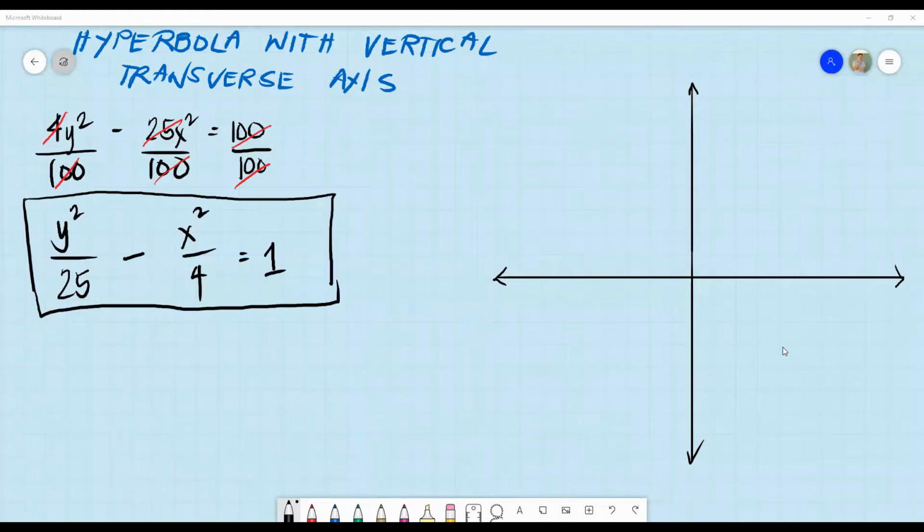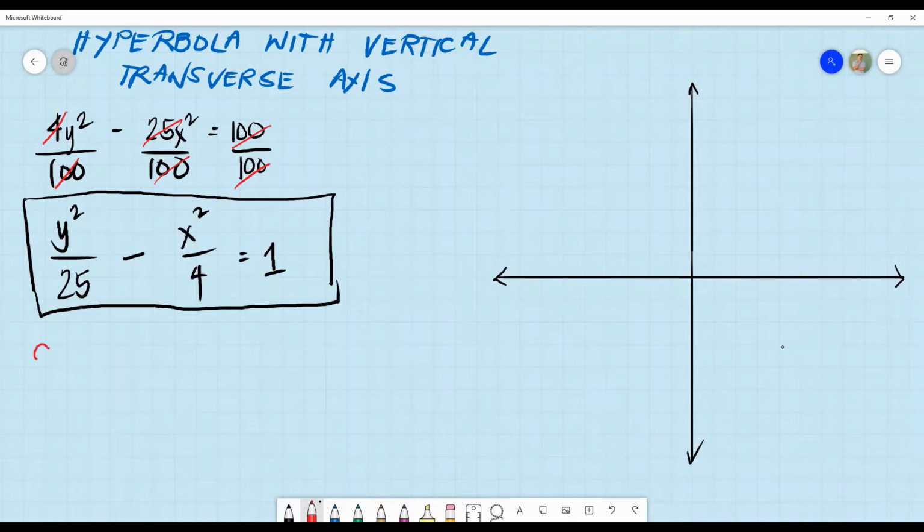Now that we have a standard form, y squared over 25 minus x squared over 4 is equal to 1, we can proceed to identifying our a, b, and c. To find a, we have here y squared over 25. So this 25 will be our a squared.